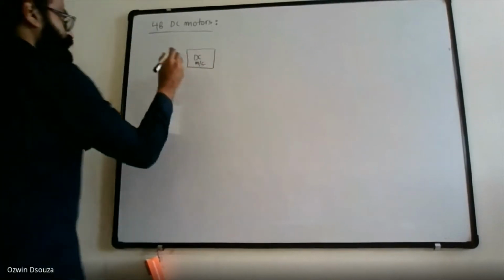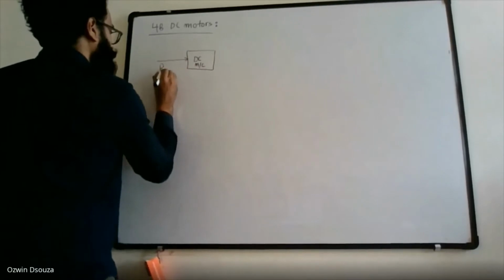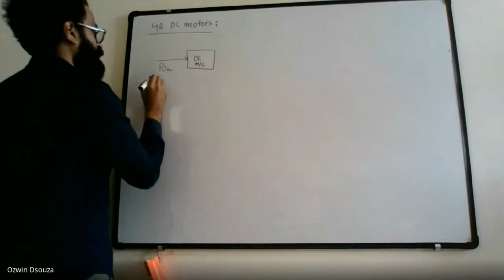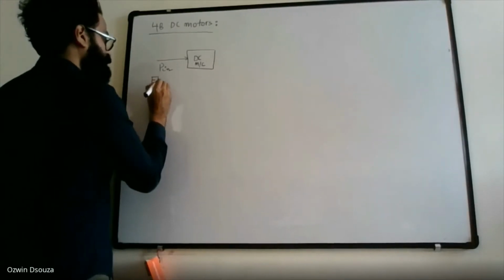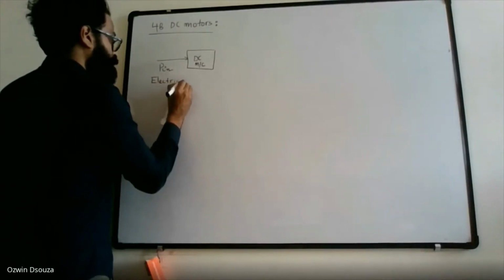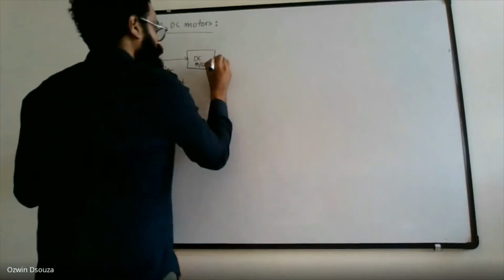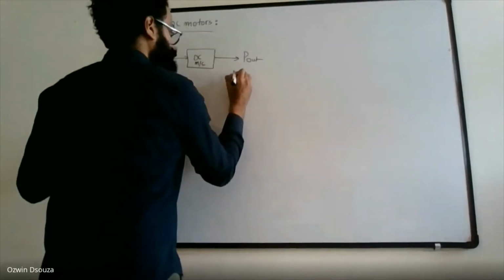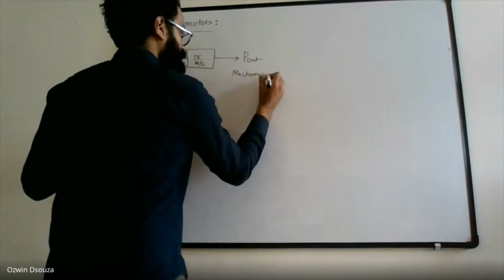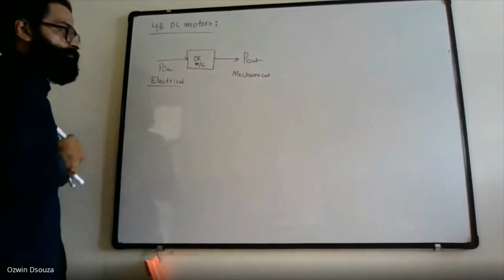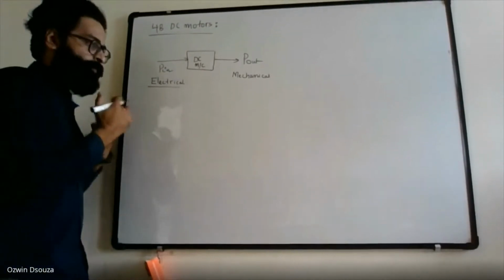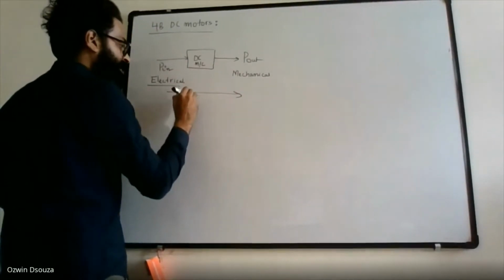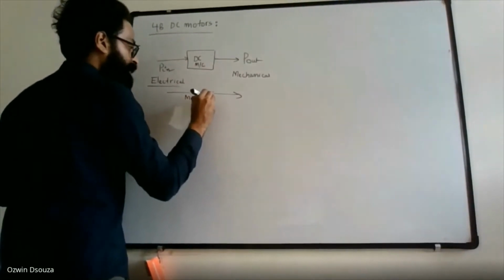And the power input in case of a motor is electrical, and the power output, P out, is mechanical. If this is the operation, then we would say the given DC machine is operating under motoring mode.